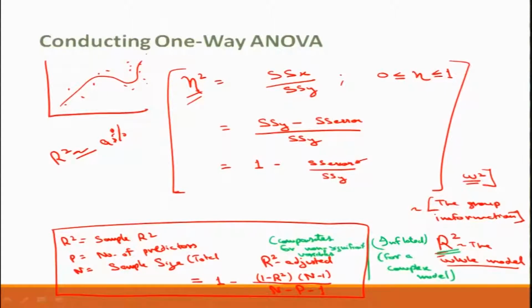This is a kind of cubical model, the way I have drawn it. So, we have various kinds of models. This would be a linear model, this would be a quadratic model, and this would be a cubical or some polynomial model.